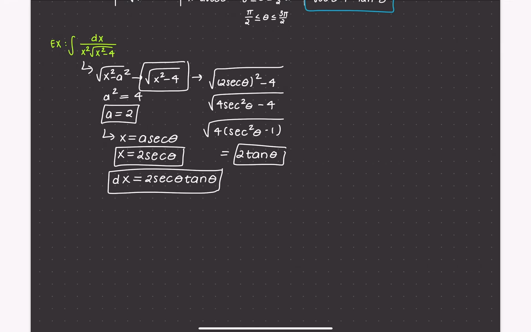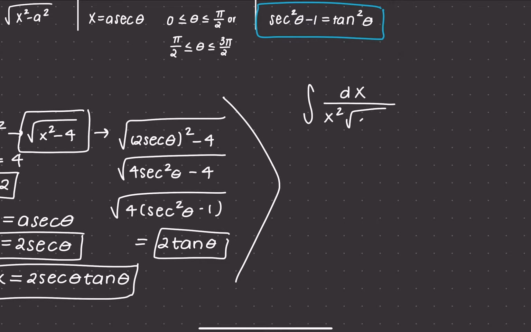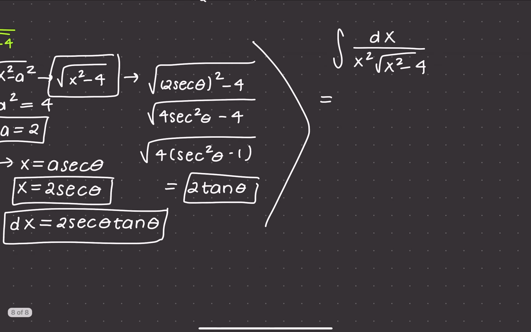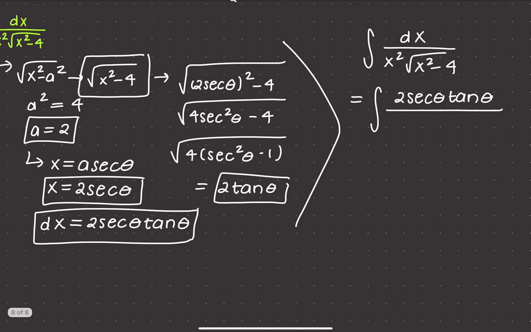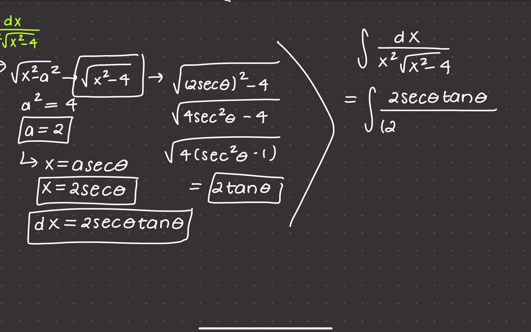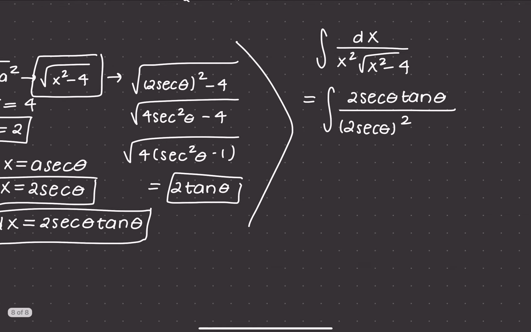So our integral, which is originally dx over x squared times the square root of x squared minus 4, we can rewrite as dx, which is 2 secant theta tan theta, over x squared, which is 2 secant theta squared, times the square root of x squared minus 4, which we solved as 2 tan theta.